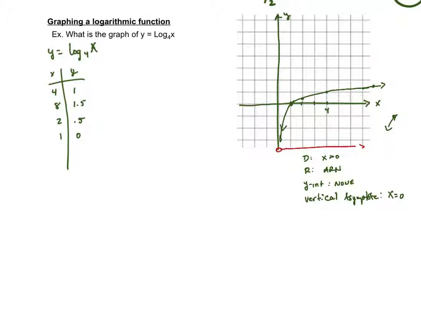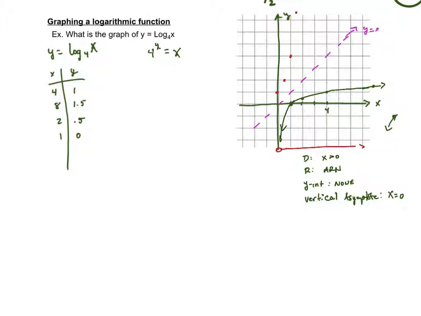And let's see, if we were to look real quick, we could put that in exponential form, which would be y is equal to x. And then if we were to graph that, it is going to end up becoming our inverse, reflected over the axis of y equals x, where we talked about inverse functions before.